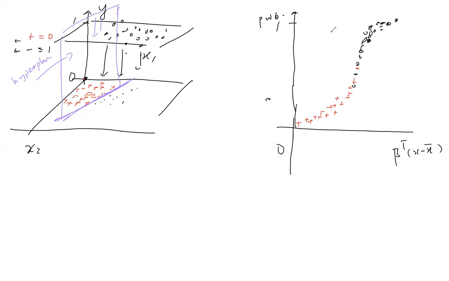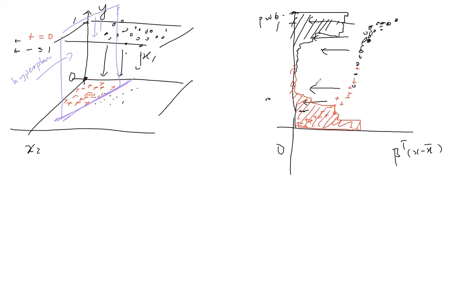If you project them onto this axis, the probability, you'll find that if you make a histogram, they will become like this for the black one. Whereas for the red one, because there are more here, they will become something like this, with some overlaps.